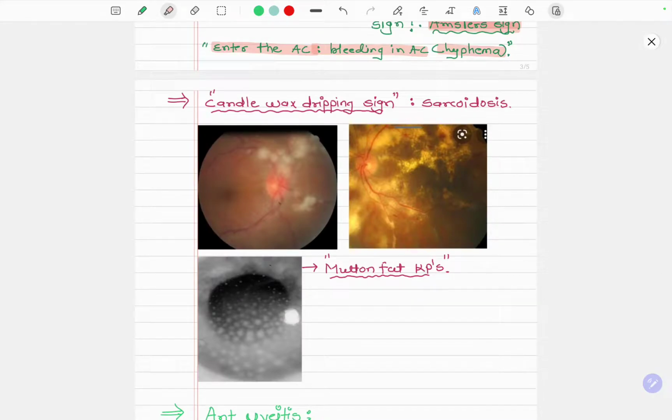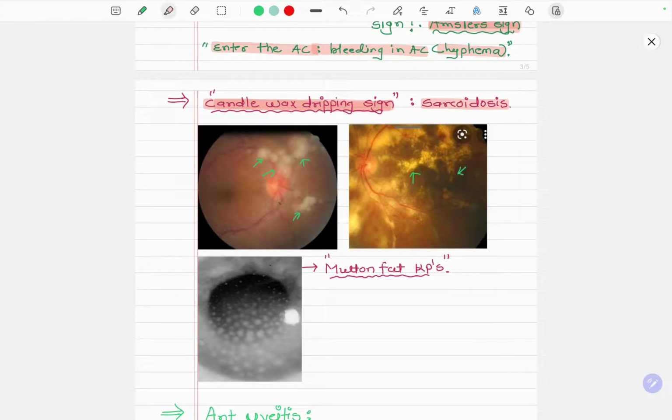Now we'll see some ophthalmologic findings in sarcoidosis. The typical one is the candle wax dripping sign. You can see over here in the image, this looks like drops of candle wax. I kept two images to compare, and both are candle wax images.